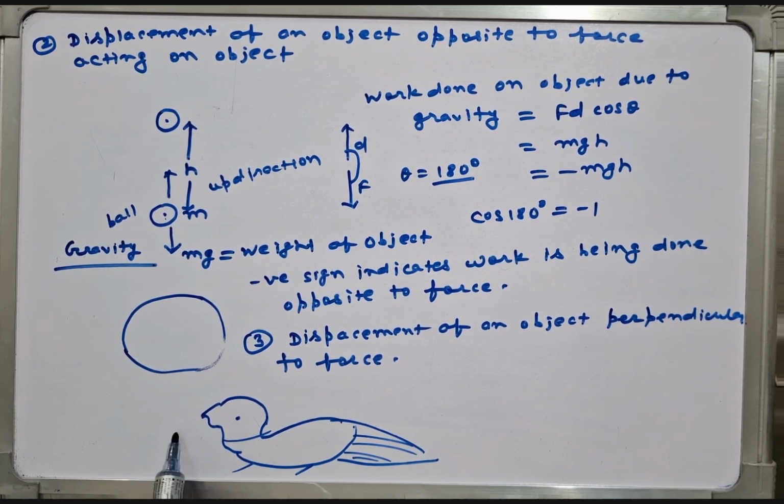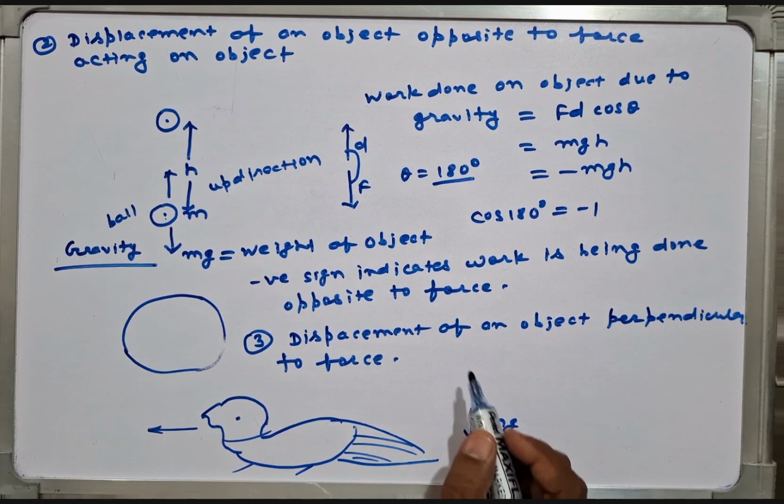Now see, if the bird moves in this direction at a certain height, then the gravitational force acts due to the mass of this bird in the downward direction, so you can say this is mg.